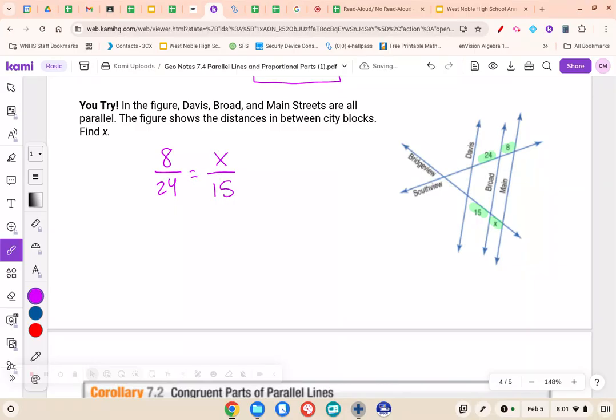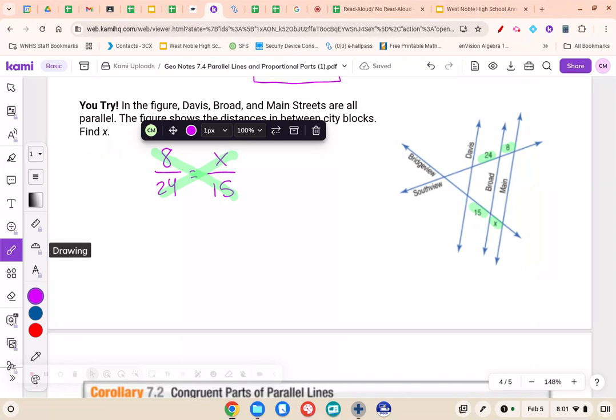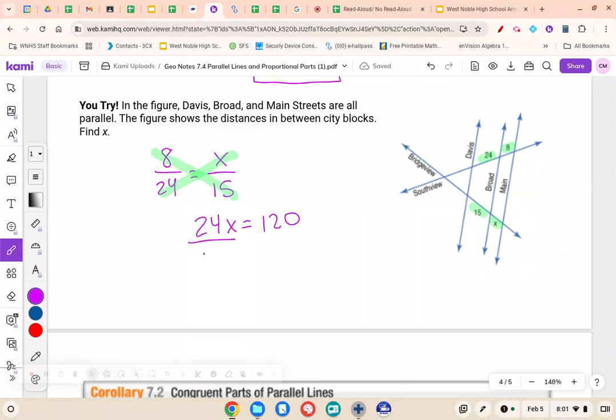I then cross multiply. I get 24x is equal to 120. So x is equal to 5.